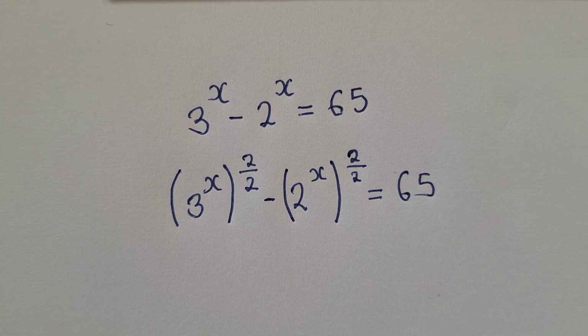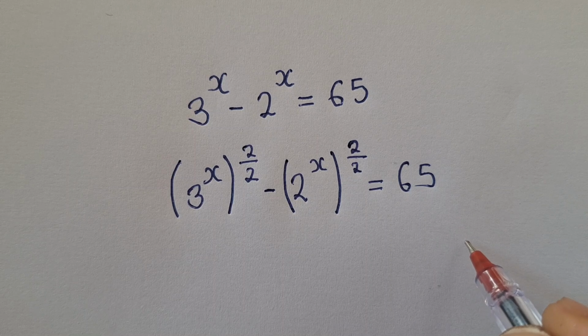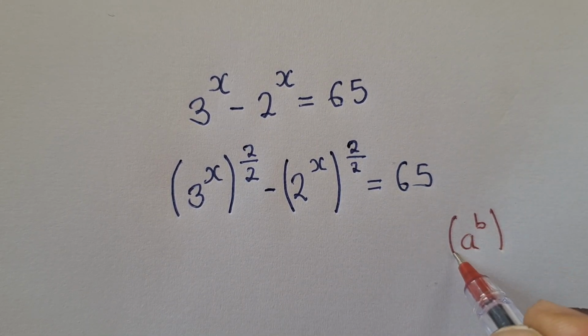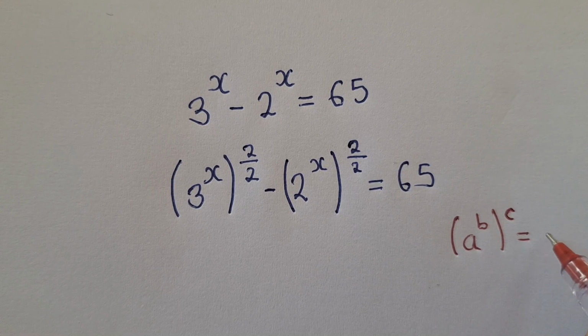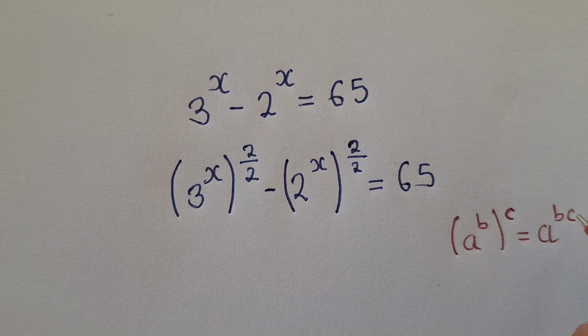From this stage, we can use the idea of power to power. There is a property which says that when you've got a power b and then power c here, this can be written as a power bc.